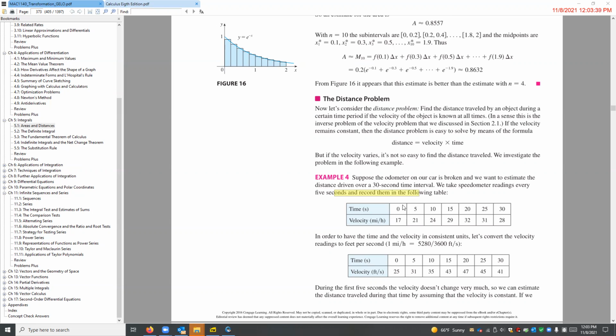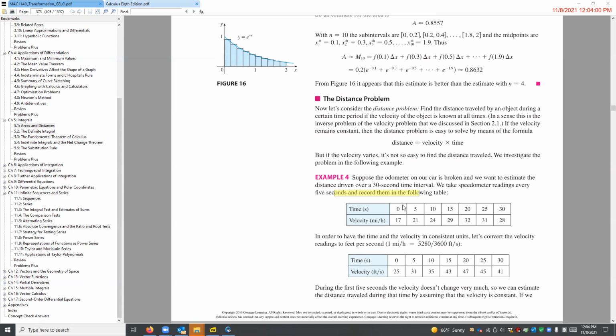So they've just told us where the rectangles are essentially by giving us sample points. Yeah, they're giving you the sample points. 10, 24; 15, 29; 20, 32; 25, 31; and 30, 28.